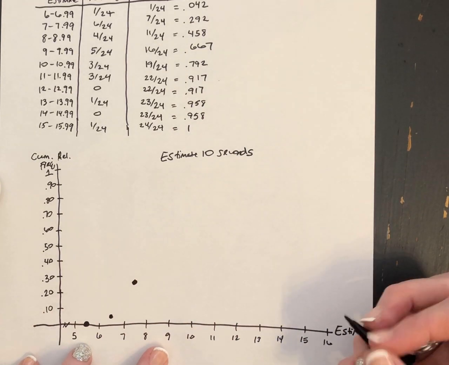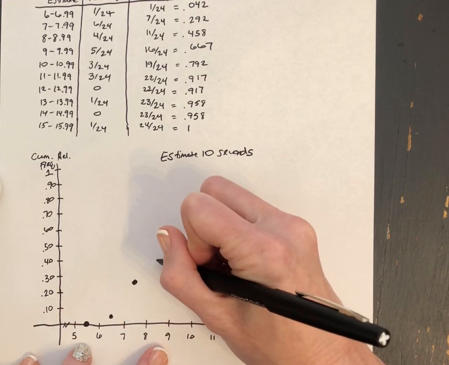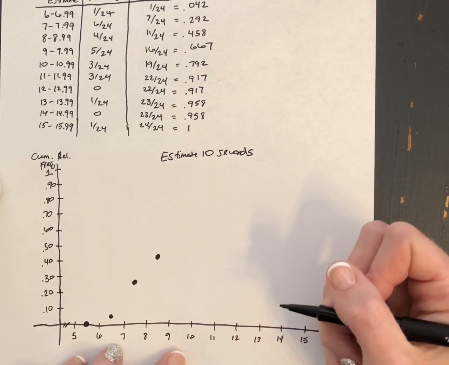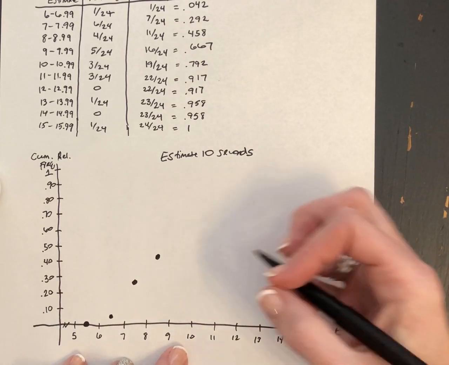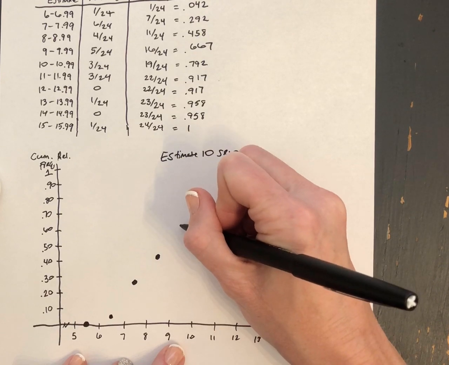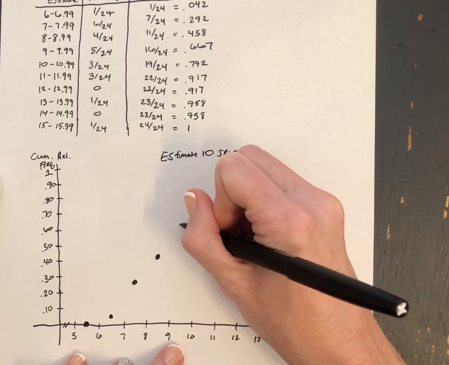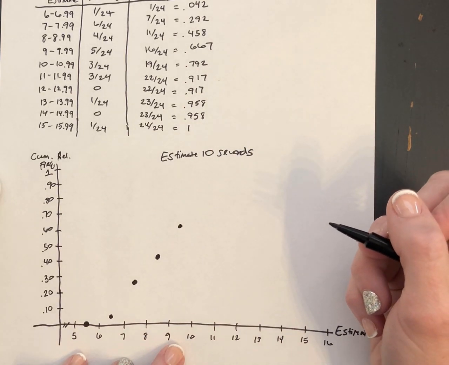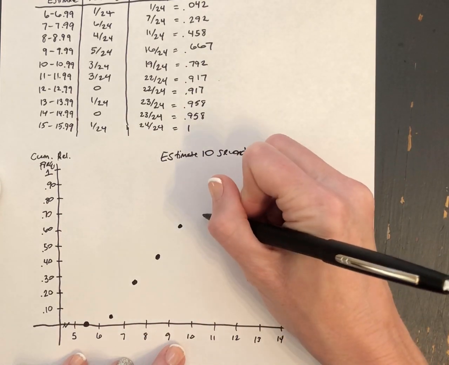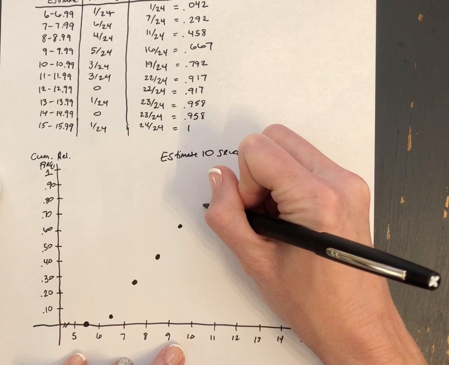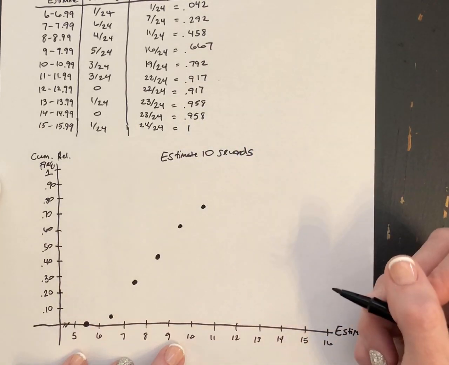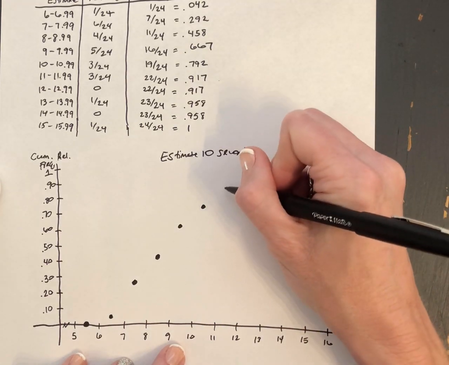In the 8s, we were at 0.458. In the 9s, we were at 0.667. In the 10s, we were at 0.792. In the 11s, we were at 0.917.